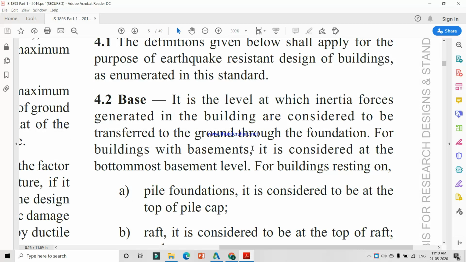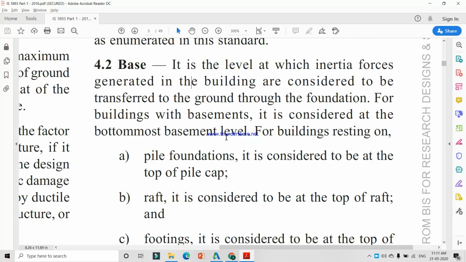For a building with a basement, it is considered at the bottommost basement level. Base means the totally bottom level of any building. If you are going down below the ground level, the bottom and last level below your ground floor story, you can also call the cellular story.